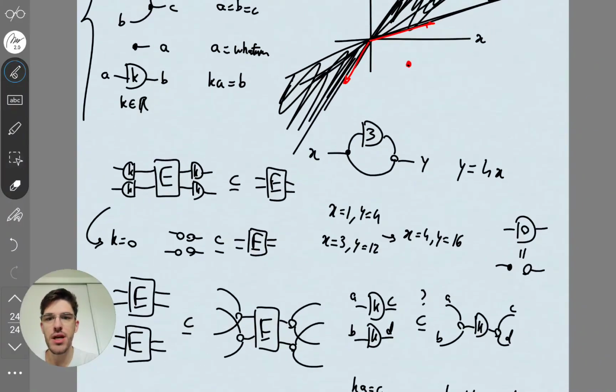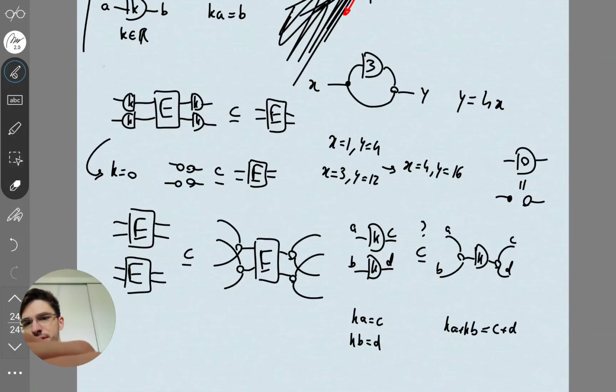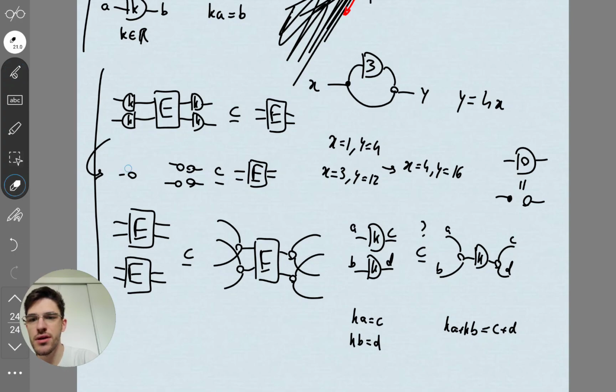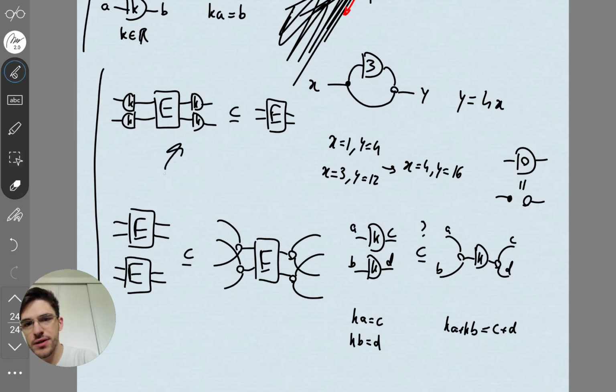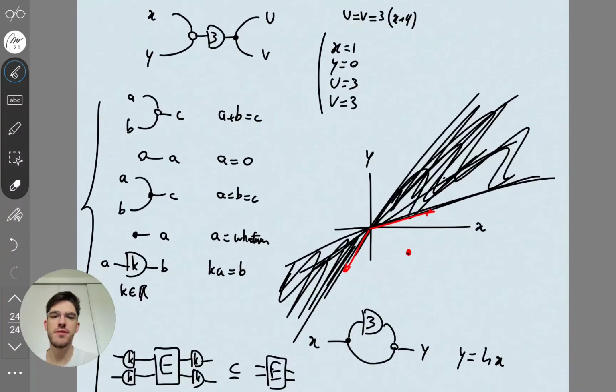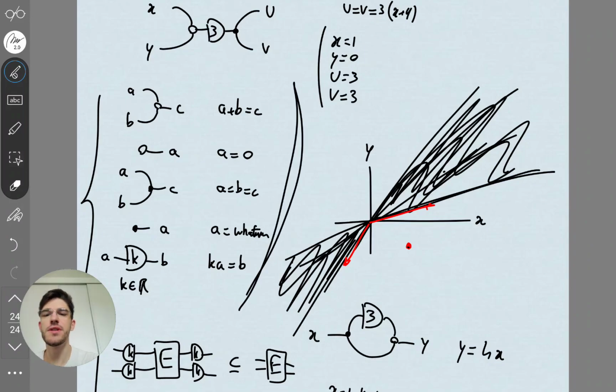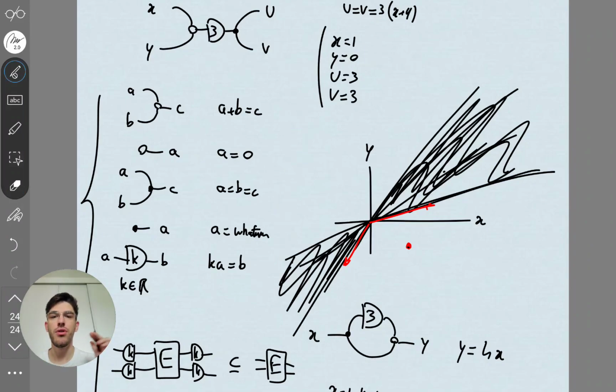Oh, the last thing I want to say. So this is what it means to be linear. This is a special case. So these two things are what it means to be linear. And not only did I say so far that the equations written from this are linear, but in fact, it goes the other way around. All the linear equations can be written from these.